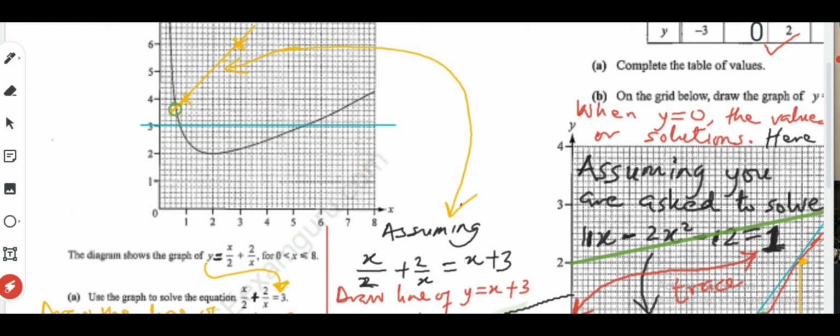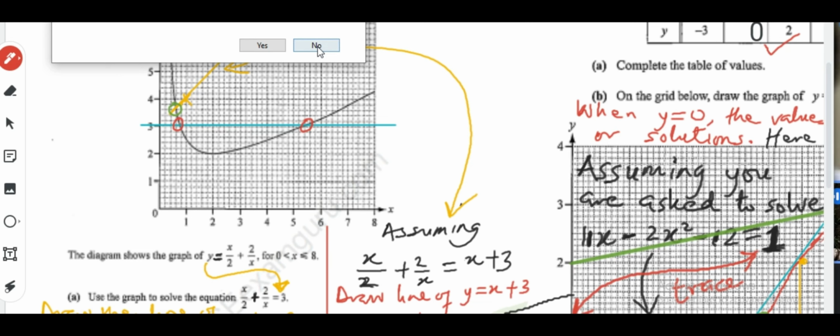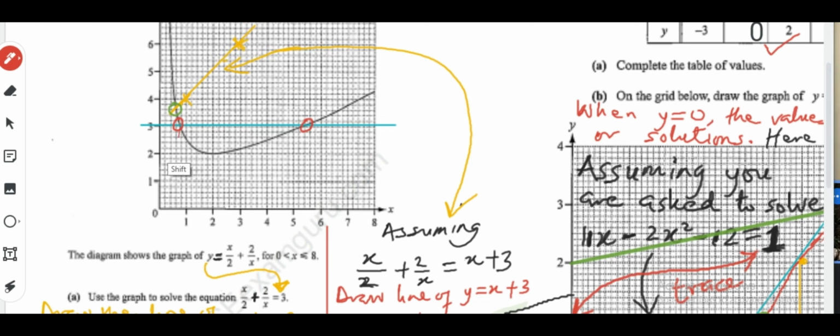5.6 and 0.8. Okay, you trace down. We trace down to here, where it cuts the graph. It cuts the graph here, and cuts the graph here. So we trace down, and trace down to this one too.